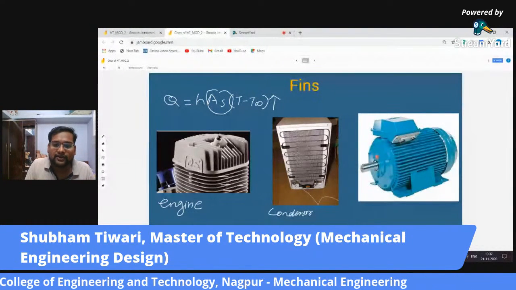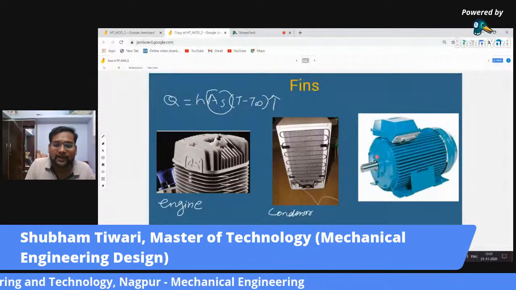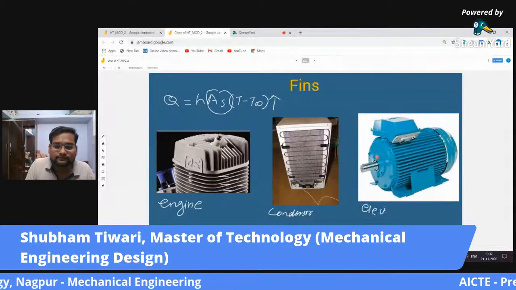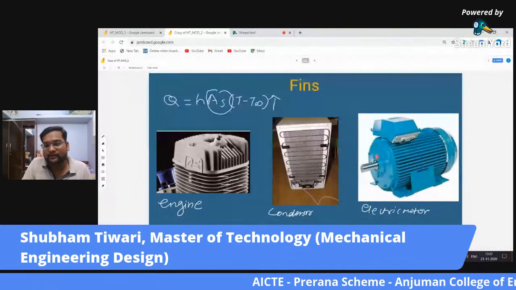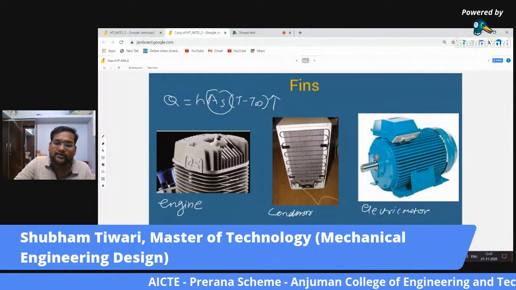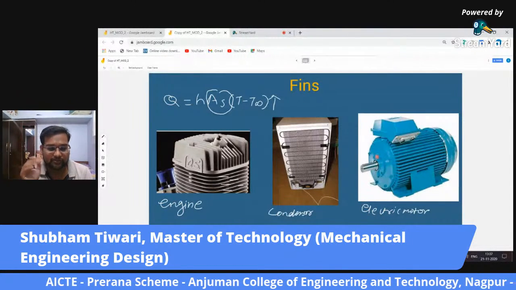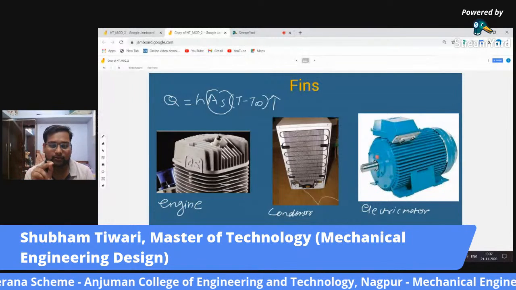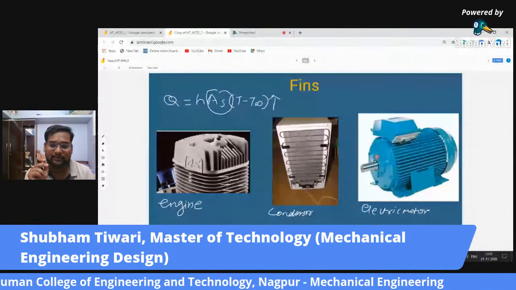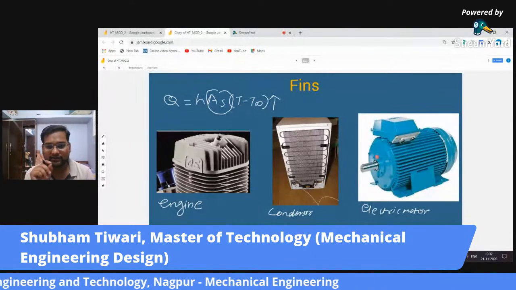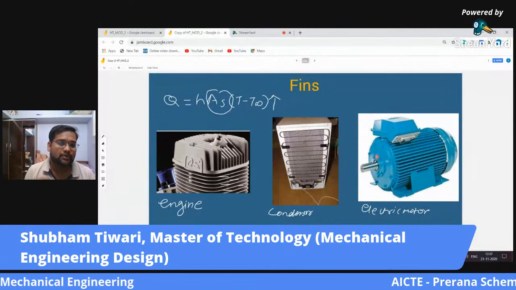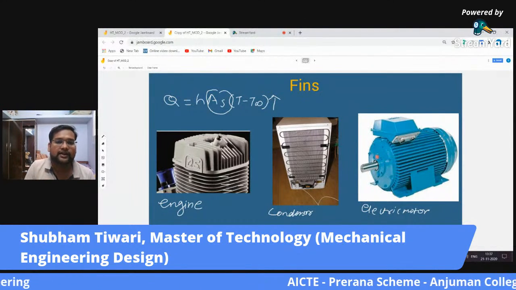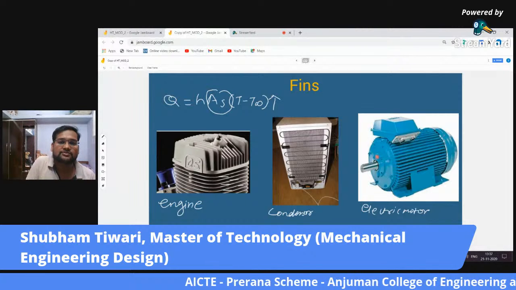The other thing we have here is an electric motor. You can see in the figure, it is also provided with fins to dissipate heat. Even your laptop, and specifically gaming laptops, are provided with fins in order to dissipate the heat as much as possible.